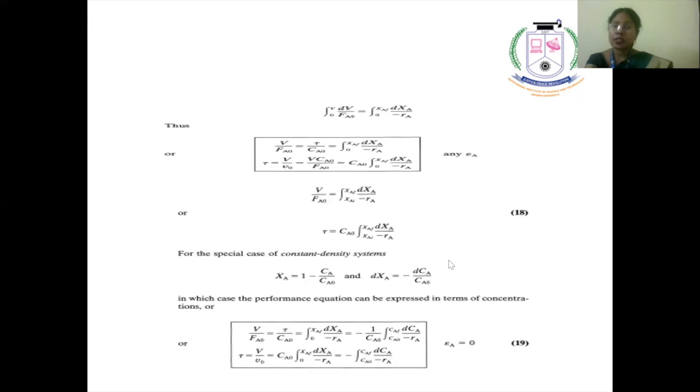For constant density systems, Xa equals 1 minus Ca by Ca naught, and you can substitute this into the final equation, so V by Fa naught equals tau by Ca naught equals the integral from 0 to Xa of dXa by minus Ra, which is also equal to minus 1 by Ca naught times the integral from Ca naught to Ca of dCa by minus Ra.